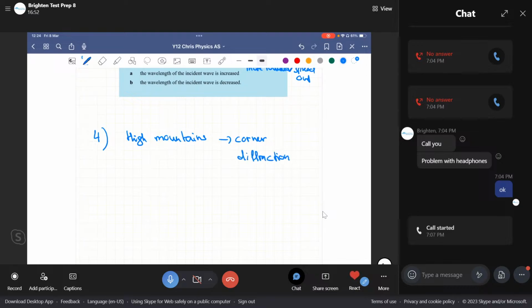So there we have a little bit of a practical example. We have the high mountains, diffraction, and now we say that the radio waves come through, but the TV waves don't. Without knowing exactly the properties of the radio waves compared to the TV waves, we know the high mountains act as diffractors.